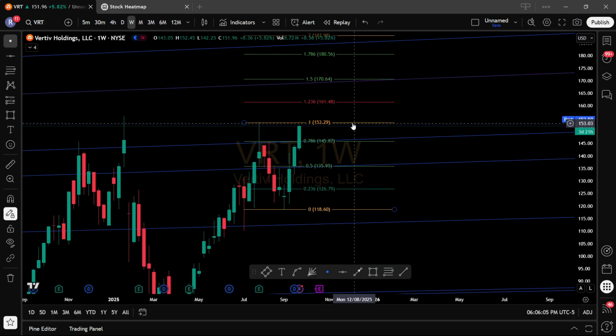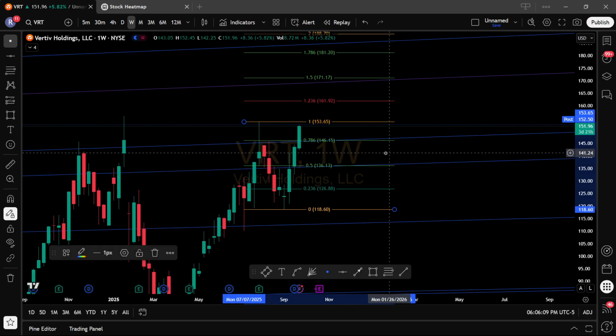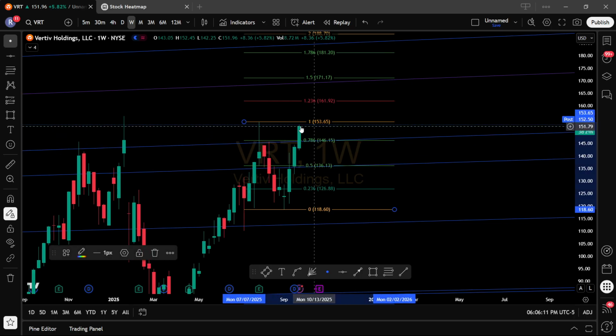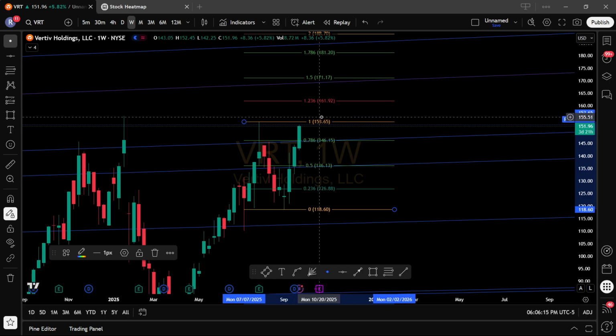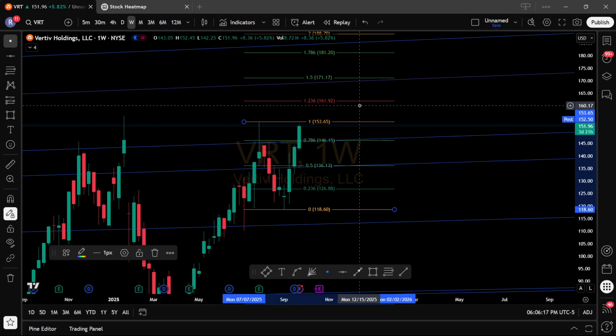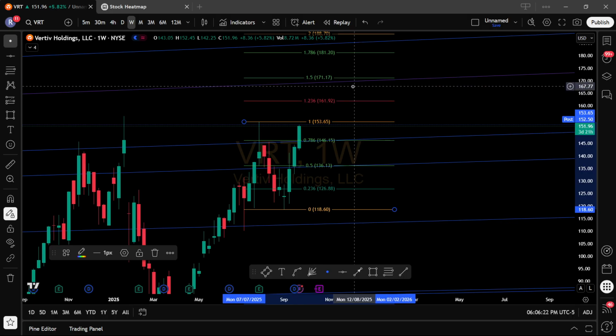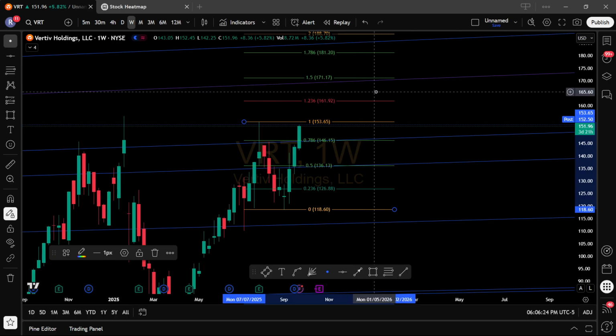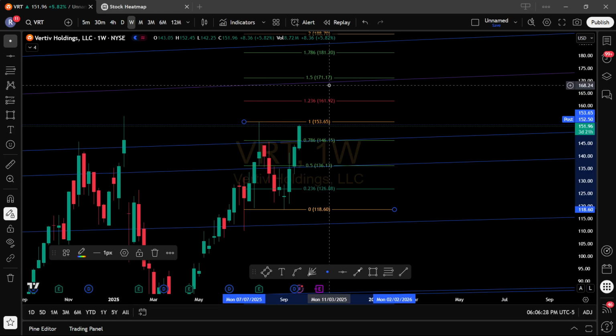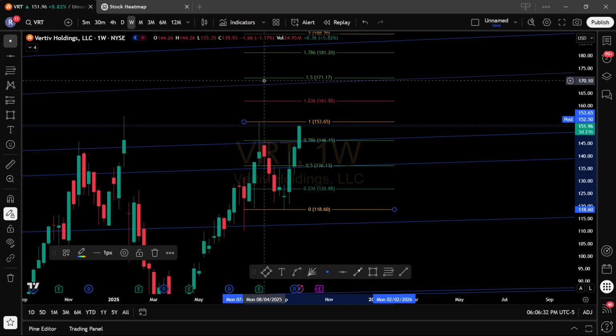Once you see the 153, 153.65, those highs get retested and it starts to break out, then you know your next price targets will be 161.92, 171.17. And it just happens to be a level that aligns with my gann fan level 2 here at 170 before I even drew the Fibonacci levels out.